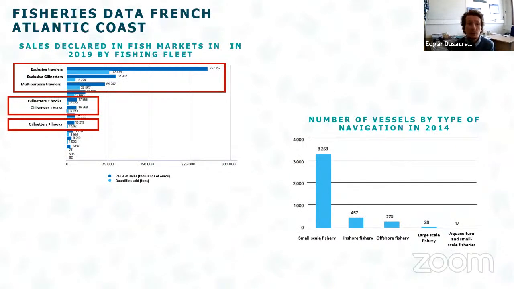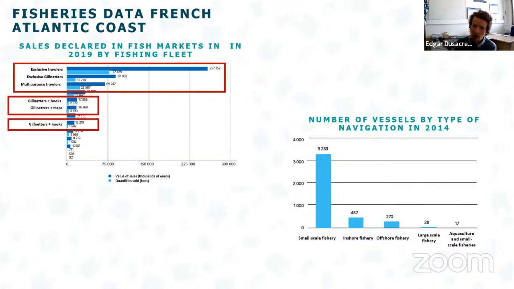About the French fisheries on the Atlantic coast, most of the fishing activity is made by trawlers and gill netters. There are different types of fisheries. Most of them are small-scale fishery and inshore fishery, and this is the type of fishery we will work with.